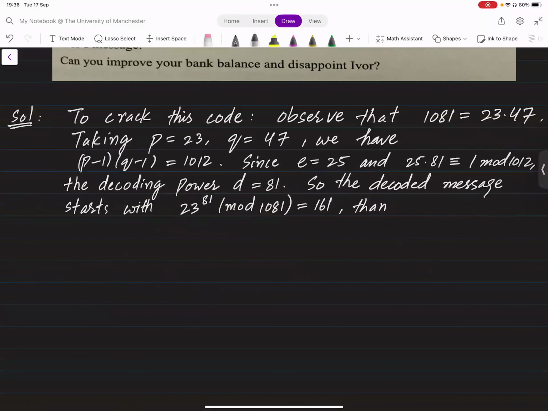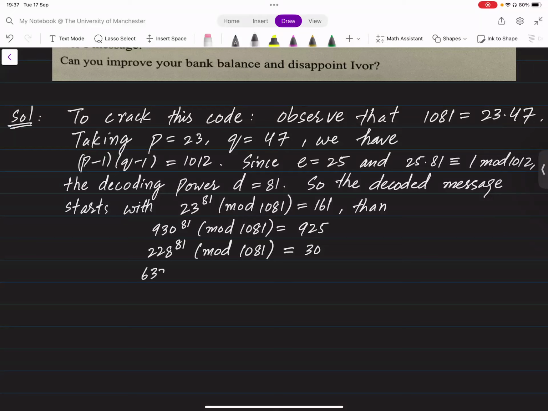Then we have 930 to the power 81 mod 1081, which is 925. Then we have 228 to the power 81 mod 1081, that is 30. And finally, we have 632 to the power 81 mod 1081 equals 815.